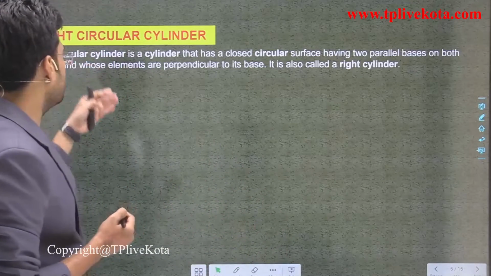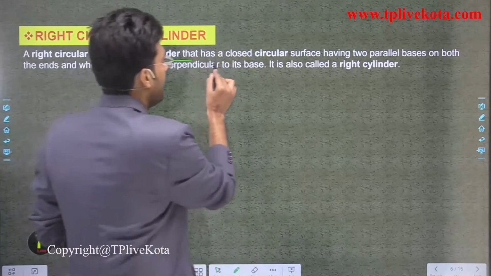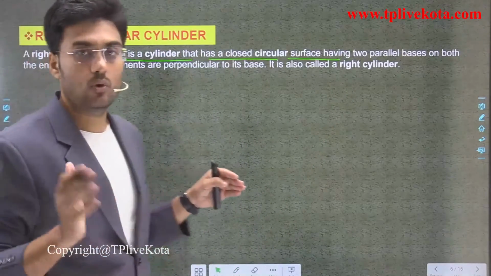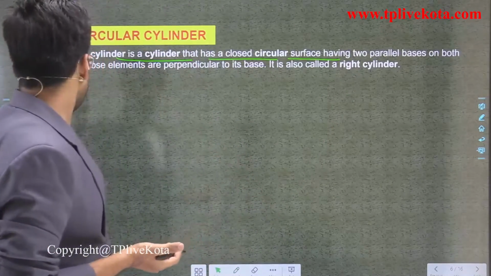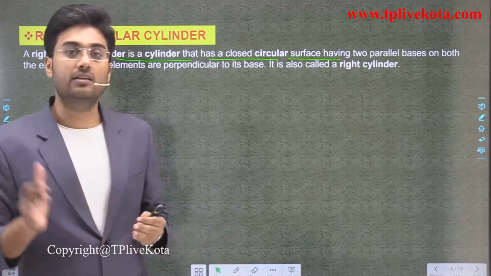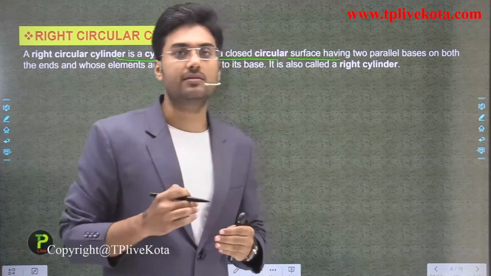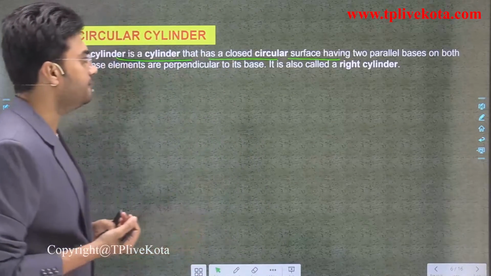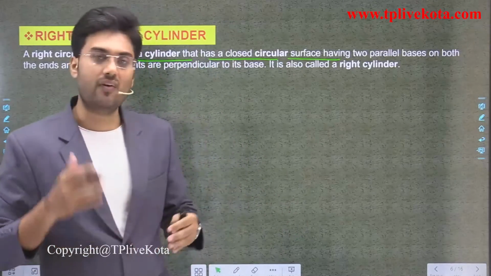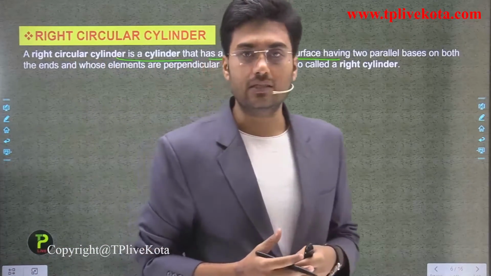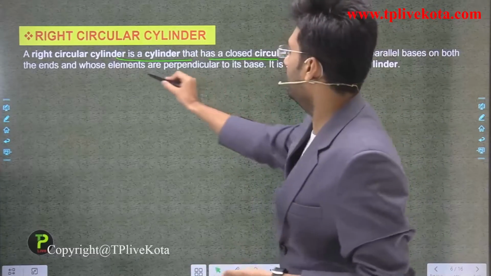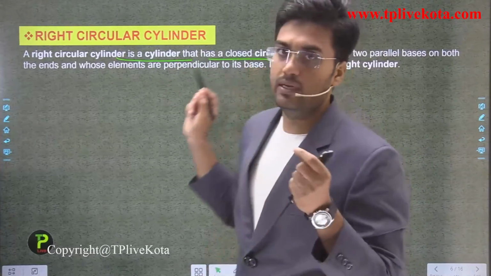A right circular cylinder is a cylinder that has a closed circular surface having two parallel bases on both the ends and whose elements are perpendicular to its base, and both these bases are circular. It is called a right circular cylinder because its elements are perpendicular to its base.